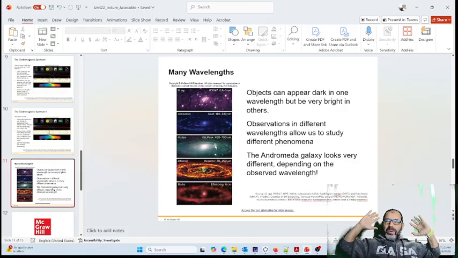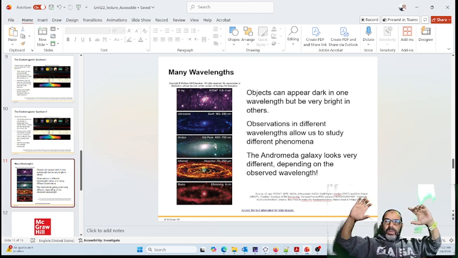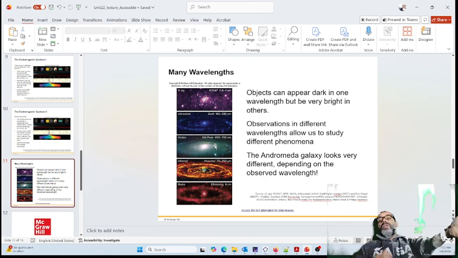Our eyes collect light only over a short span, so we really have to have a telescope with a camera, for example, built on it, open for an extended period of time to collect as much light as possible. Then it's going to look like that.